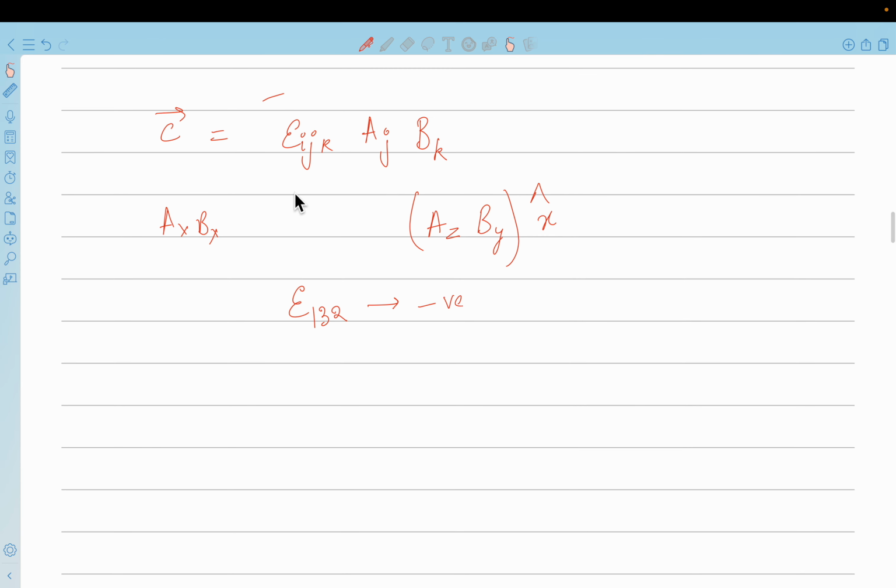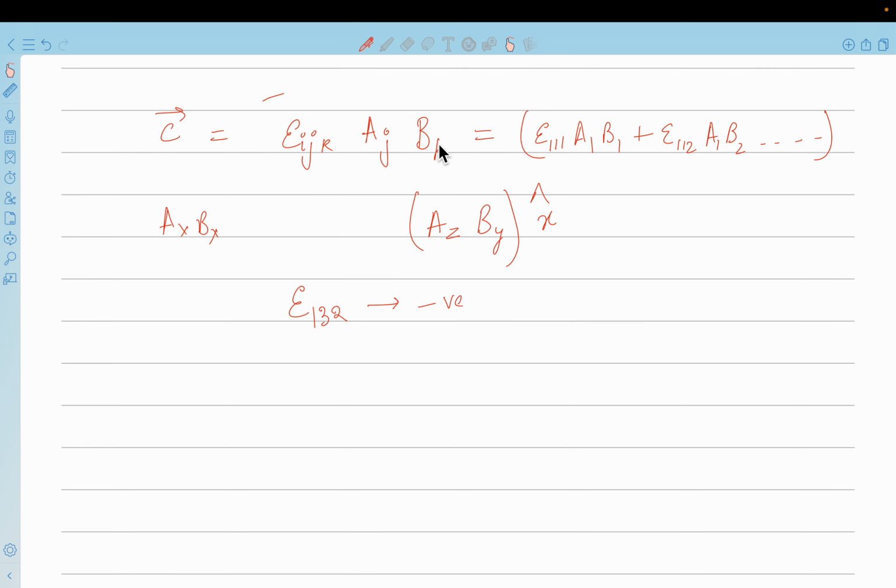Okay, so you can sit and expand this: epsilon 1 1 1 a1 b1 plus epsilon 1 1 2 a1 b2 and so on. Now what do you see, this is epsilon ijk aj bk.